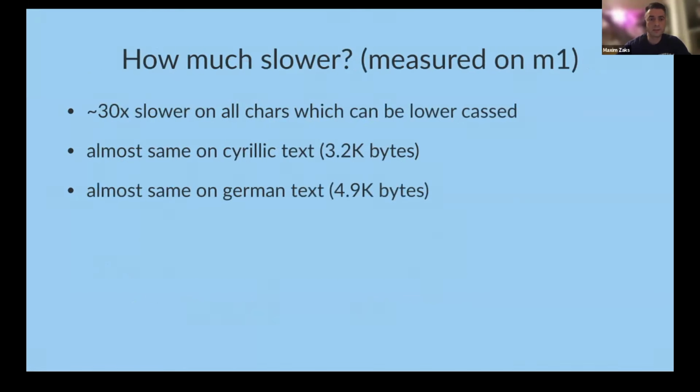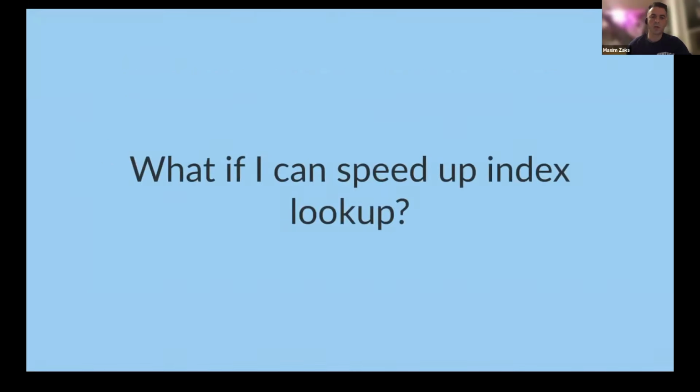What I see here is weird in a way, right? The test for every character in a list is even slower. But when we look at the actual text, where we have some capitalized characters but not all of them, in this case we're almost the same as the handwritten algorithm, which is an interesting result, in my opinion.